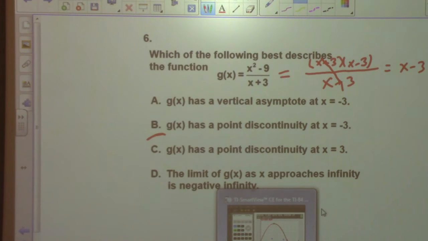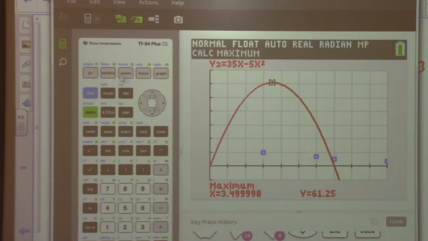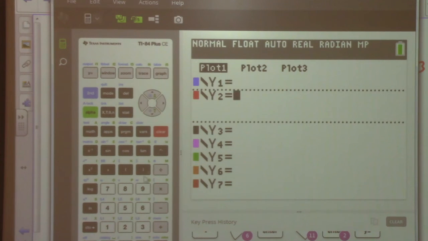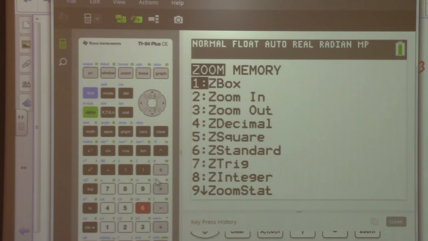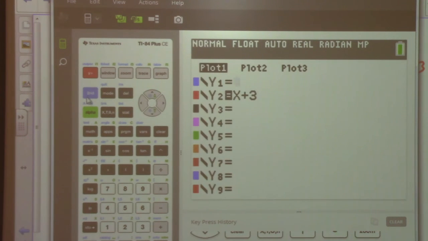The table view is a good way to do this. If I put just x plus 3 and zoom 6, this just looks like this, and that's what the graph looks like. But that's not the function, is it? Nope.